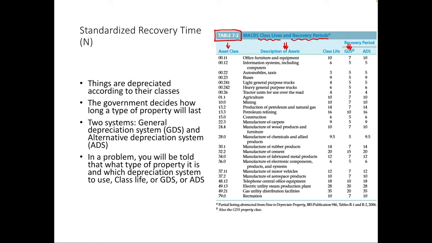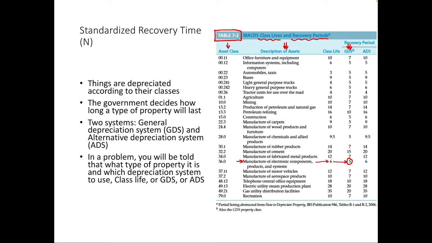For example, if you bought some semiconductors to produce maybe some electronic components, and then you will read through this and then you find, okay, your semiconductors is used for manufacture of electronic components, products, and systems. So that is your class. And then for this class, you need to find out what is the recovery period under GDS system. So here, 5 is the number of years that asset can be depreciated.